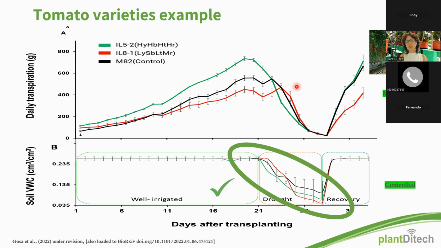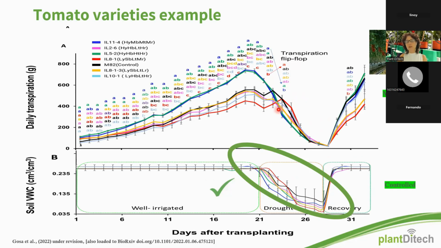And now you can really look at the results and analyze the differences between the lines. The system does it for you. This is the statistics coming from the system. So you can already see and understand what your plants are doing while maintaining the soil water content.